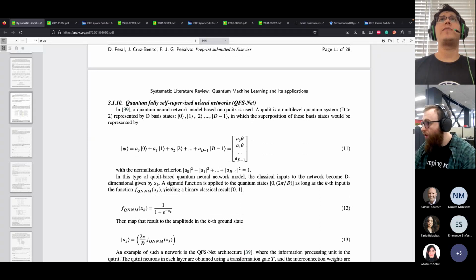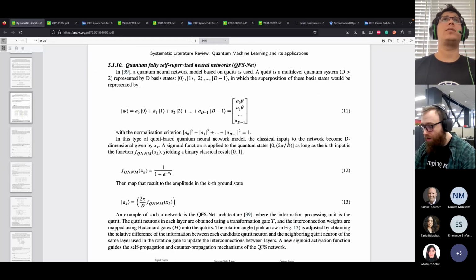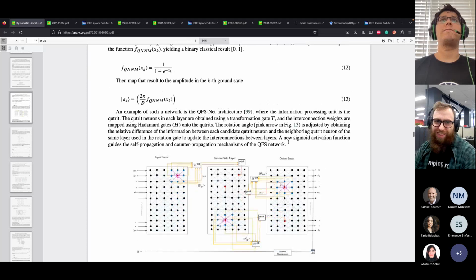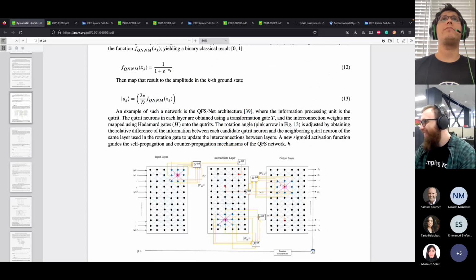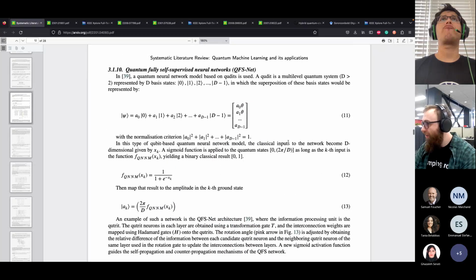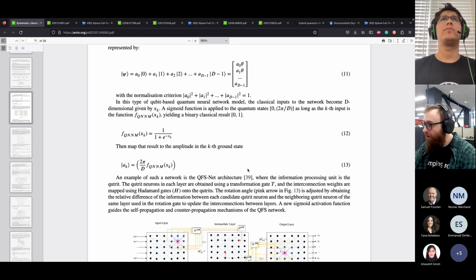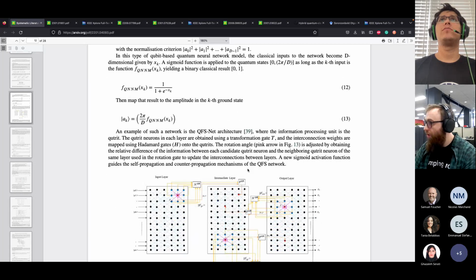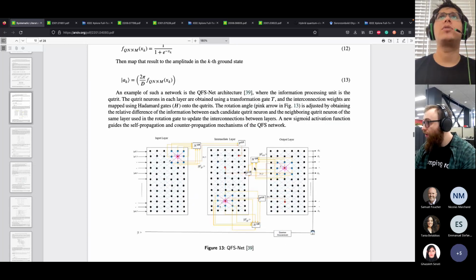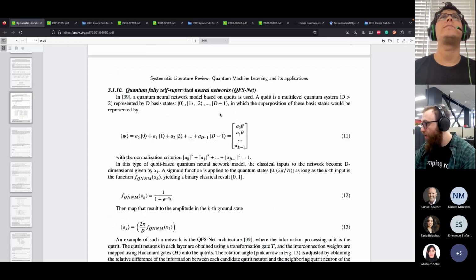Quantum fully self-supervised neural networks. Oh, wow, that looks complicated. What are they doing? Yeah, I'm not sure what they're doing here. QFS? What is QFS?